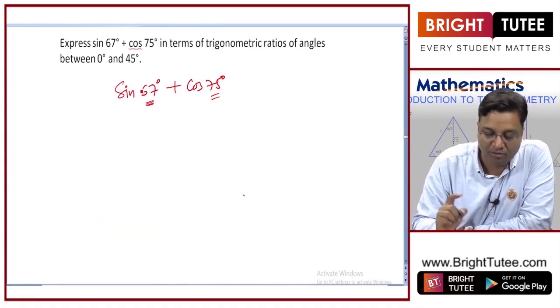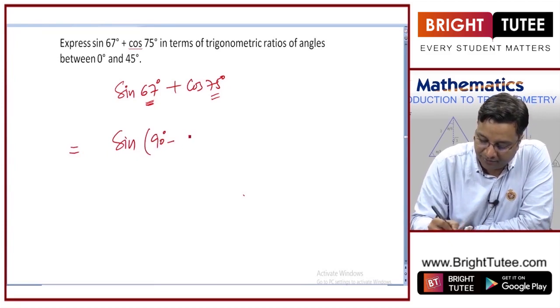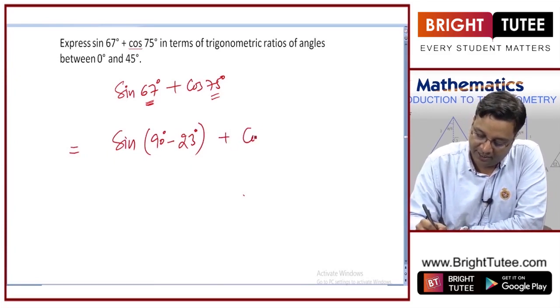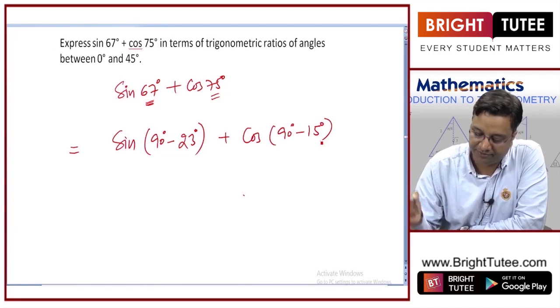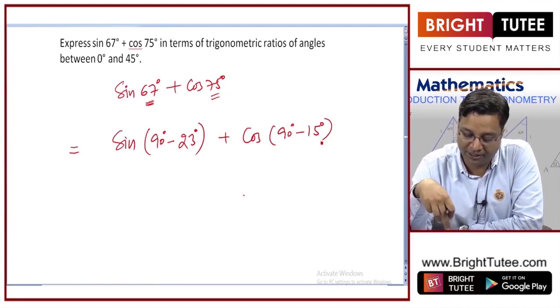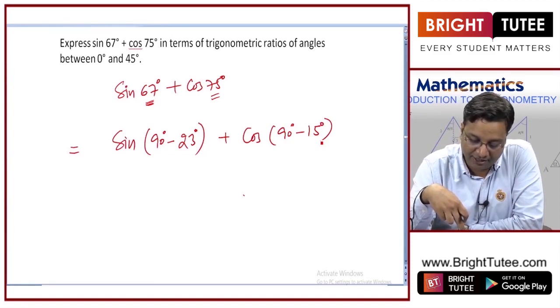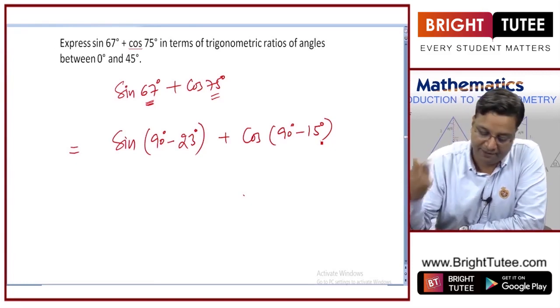What is complementary to 67? Let's write it as sin(90 minus 23 degrees) and cos(90 minus 15 degrees). I have used the complementary angles. Complementary to 75 degrees is 15 degrees, and 67 degrees has 23 degrees as its complementary angle.